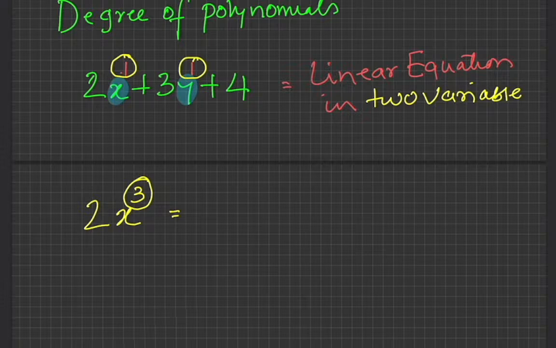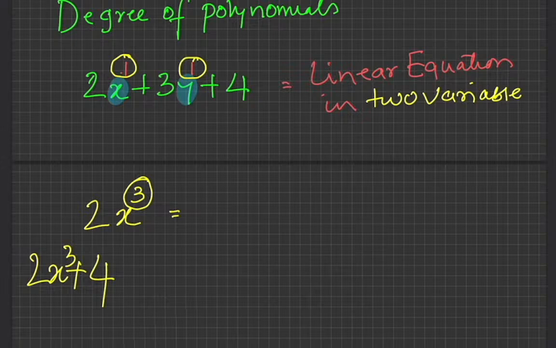And then let's say 2x cubed plus 4. So the degree here is again 3, but 4 is a constant term, so the degree of the constant is 0.